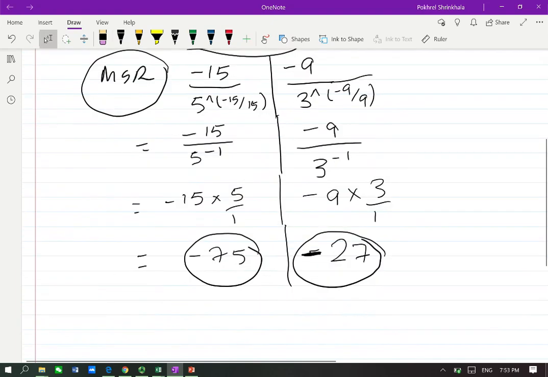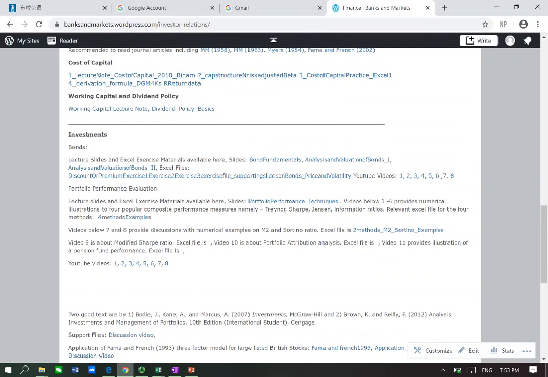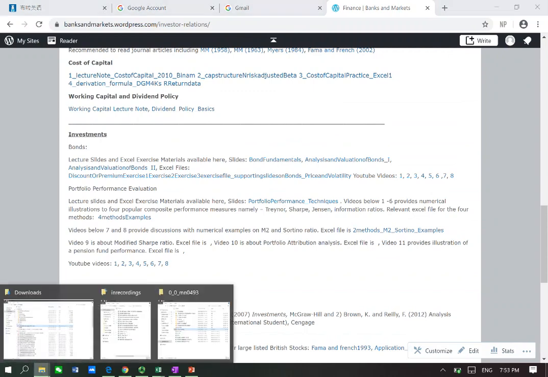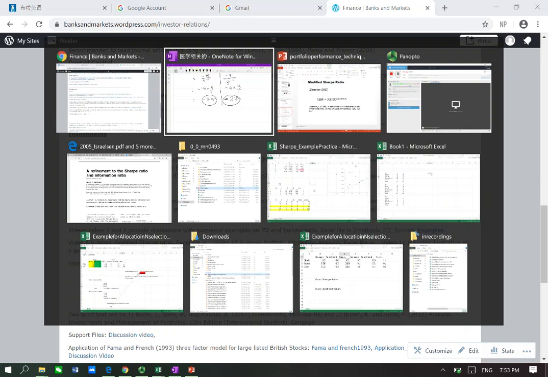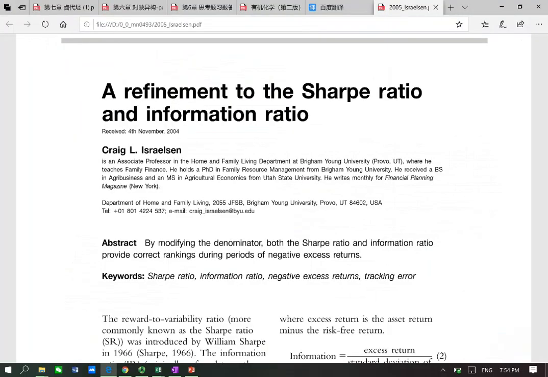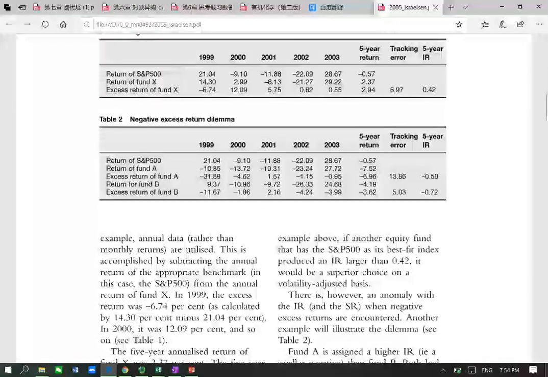Okay, so what I will do now, I will request that you may like to look into the paper by Israelson, and the paper provides some interesting examples for you to apply and further practice modified Sharpe ratio, and that way you can look into detail of the modified Sharpe ratio.